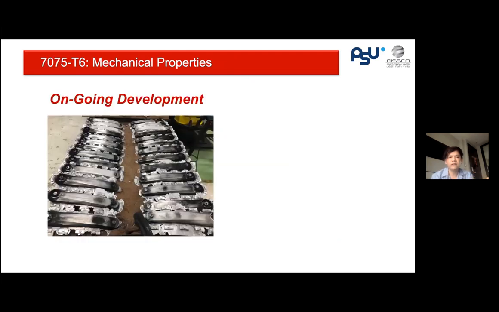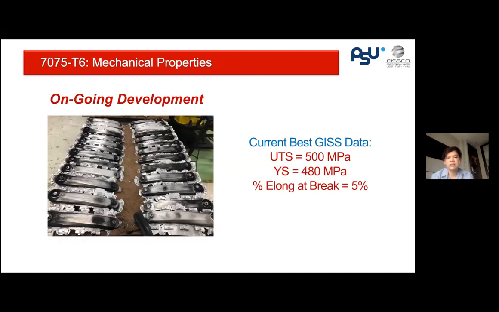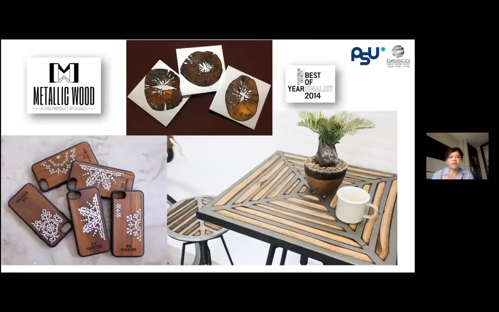We also tried 7075 alloy with T6, and our best data is about 500 megapascal and 5% elongation. And this work is still ongoing. And finally, I want to show that because slurry has lower heat content and can fill anything, we have cast a slurry of aluminum and other alloys with wood, and the wood doesn't burn and can fill very thin sections like this.